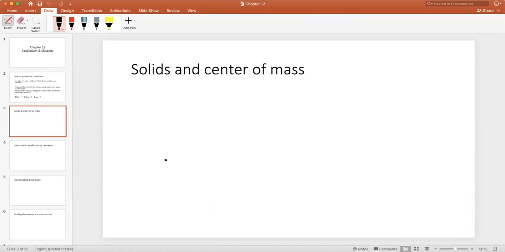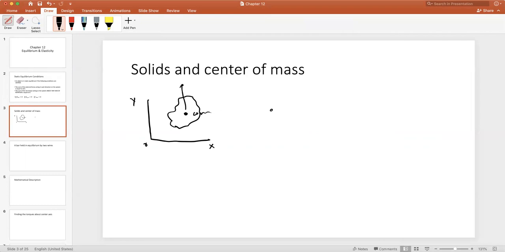So we have some X and Y axis, and we have some origin, and then we have this weird lump of clay here. And it has a center of mass, let's say here, okay? We can treat this whole thing as if it's a particle at the center of mass.